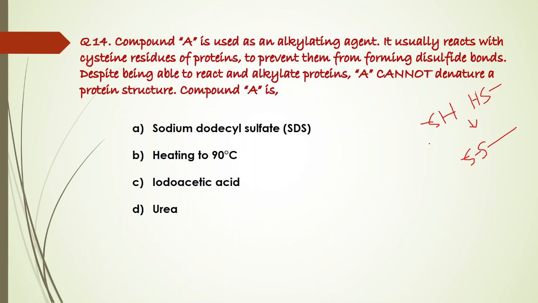A can prevent the disulfide bond formation, but yet it cannot denature the protein structure. So the question is: out of these four options, which compound has the ability to prevent the formation of disulfide bonds but does not denature the protein structure?